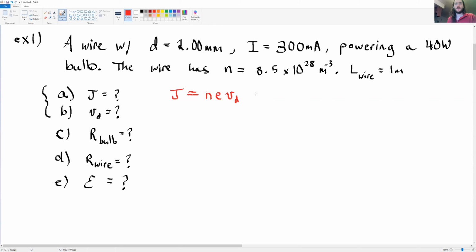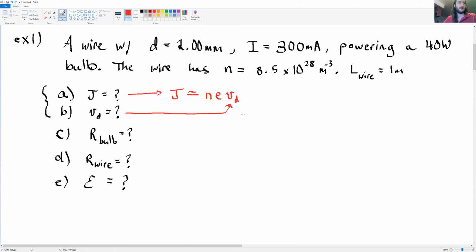Okay, let's take a look at this formula here, because I noticed something immediately. I'm being asked to calculate the current density, but wait a minute, I'm also being asked to calculate the drift velocity. So some of you have probably been in this situation before. You're thinking about a formula, there's a formula right there for the current density, but we don't have enough information to use that formula.